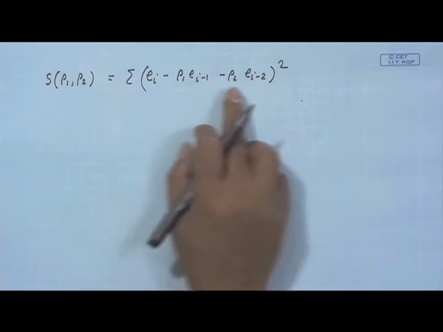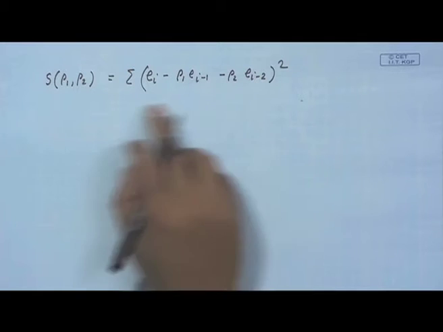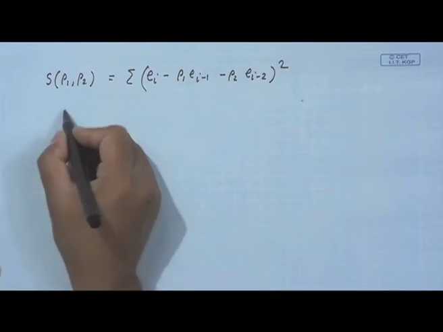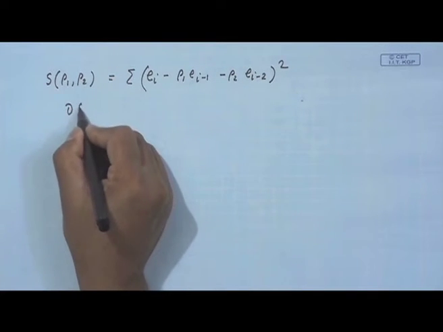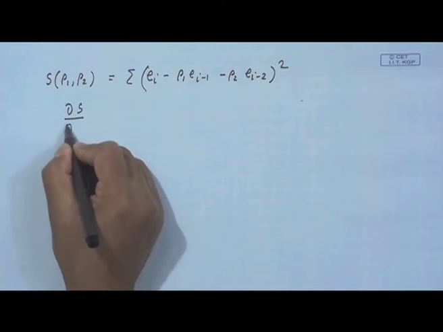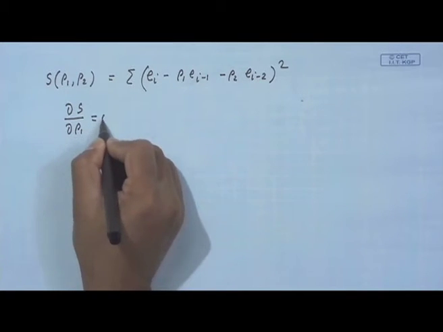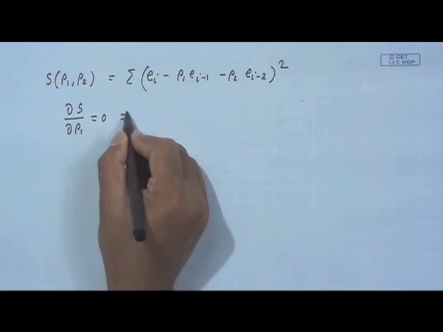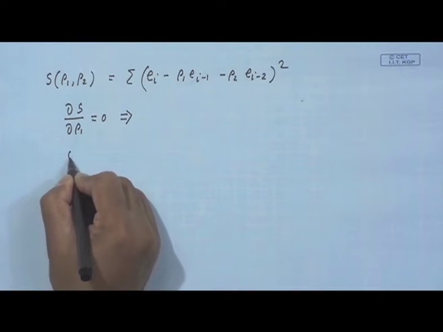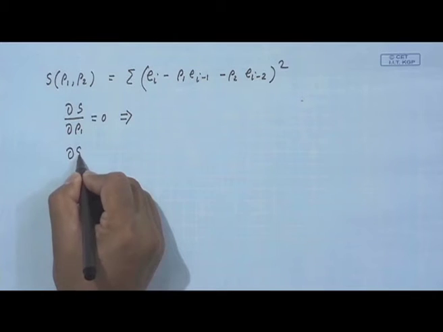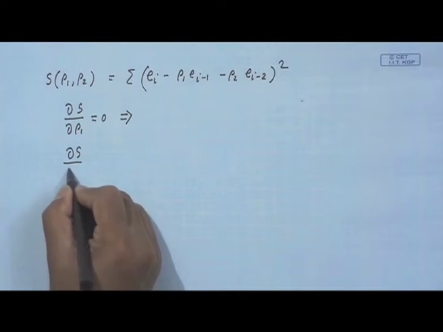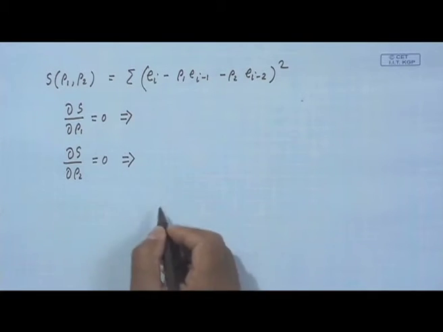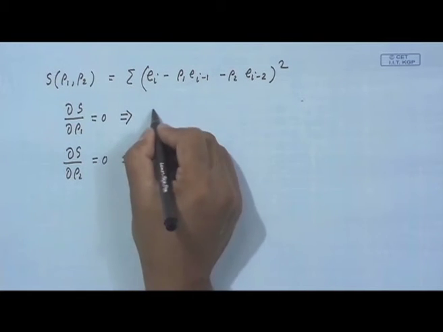So, you estimate rho 1 and rho 2 in such a way that this least square function is minimized, and what you do is that you just differentiate this S with respect to rho 1, that equal to 0 will give you one normal equation, and similarly the partial derivative of S with respect to rho 2 equal to 0 will give you another normal equation. Let me write down those things.